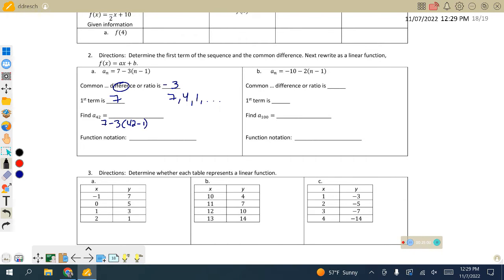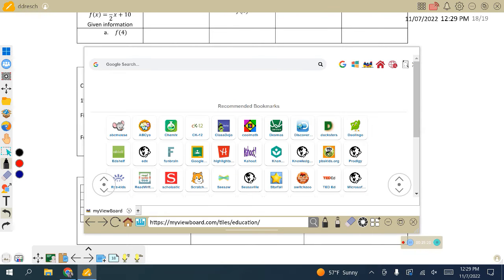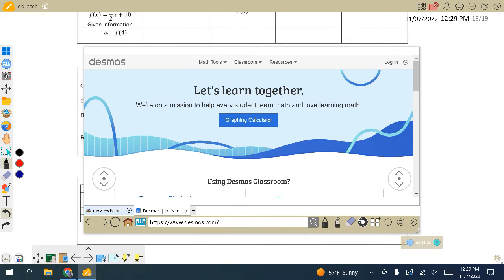And I kept telling you, especially for my decimals people, do subtraction in your head, 42 minus 1, and then go to your calculators and punch that in. Okay? So as we punch those into our calculators, decimals people, make sure, and your graphing calculator people, make sure you are again typing that in correctly.